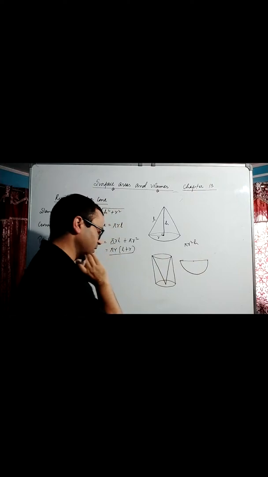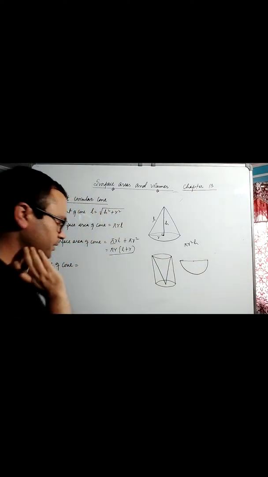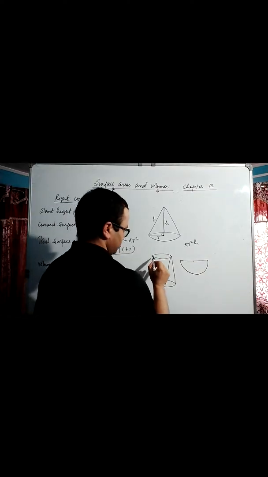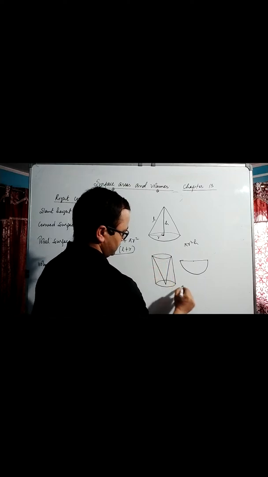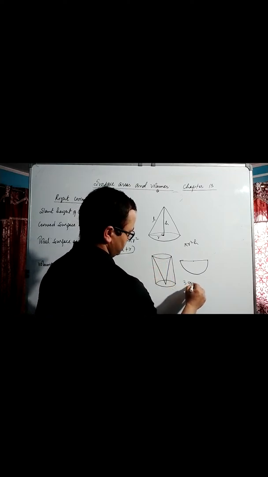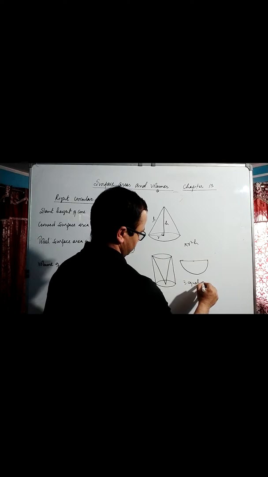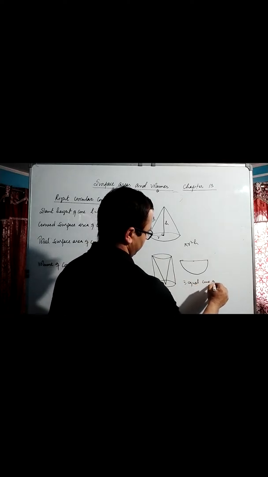If you cut this cylinder into 3 equal parts, you get 3 equal cones of equal volume.